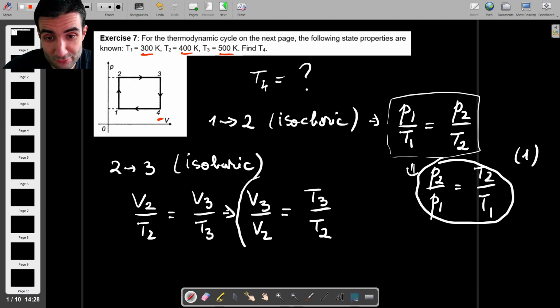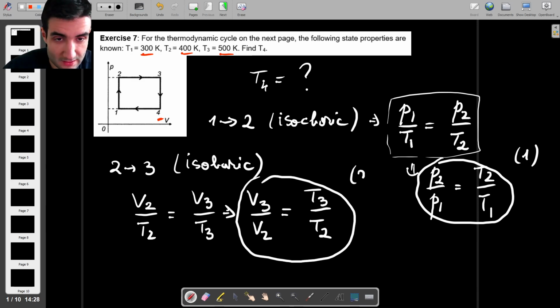Again, we don't know if we're ever going to use this, but that's what we have, and we're going to label this equation 2.